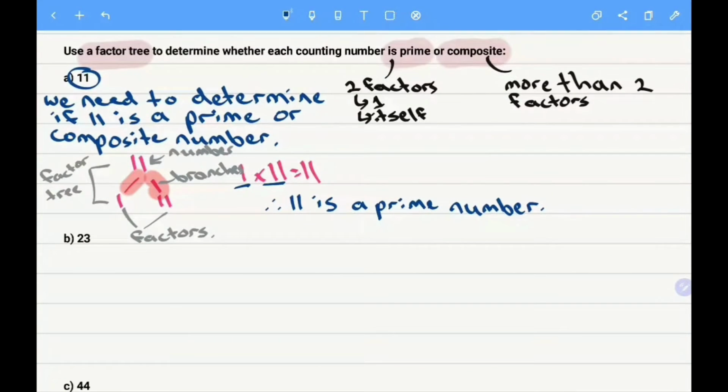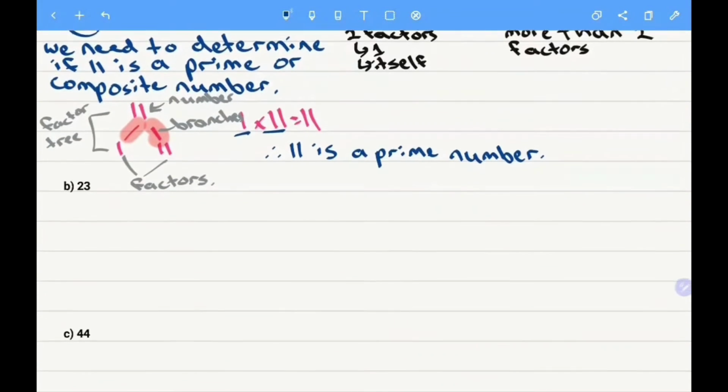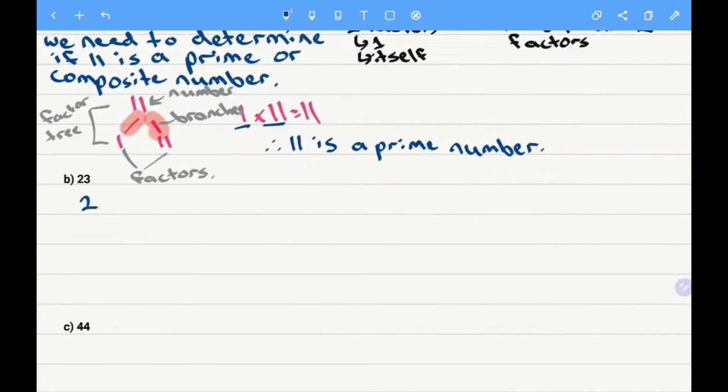Part B, 23. We have to determine if 23 is a prime or composite number. To do that, we need to draw a factor tree. So start off with 23, draw our 2 branches, and then we ask ourselves what 2 numbers multiplied together produces 23. Now the only 2 numbers that come to my mind are 1 and 23.